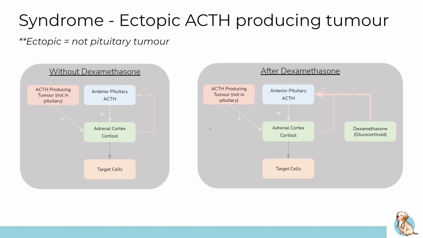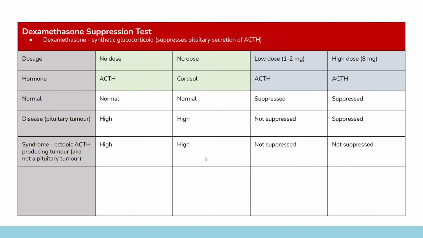But once again, the tumor is not in the anterior pituitary, so there's no chance of it being suppressed because there's no feedback loop to it. So it doesn't matter if you give dexamethasone or not, your ACTH is still going to be really high afterwards. That's why you have high ACTH, high cortisol, and not suppressed ACTH after either dose.